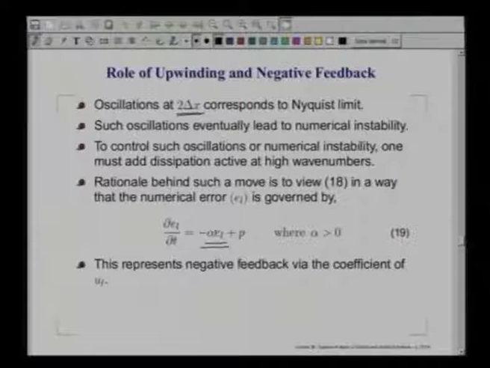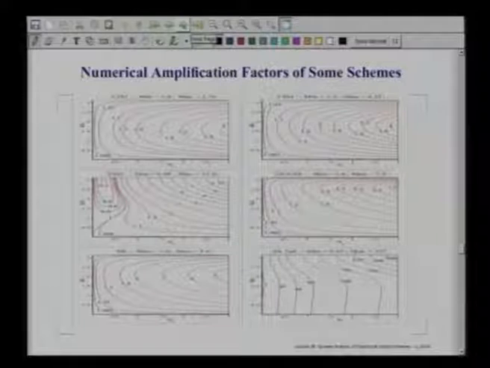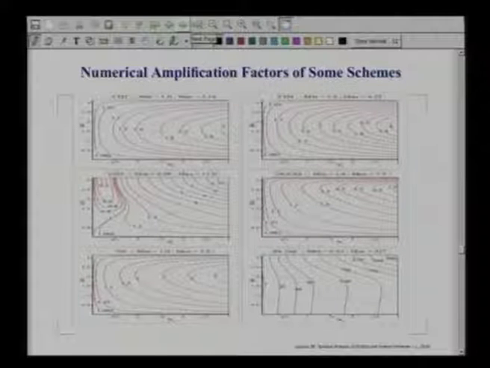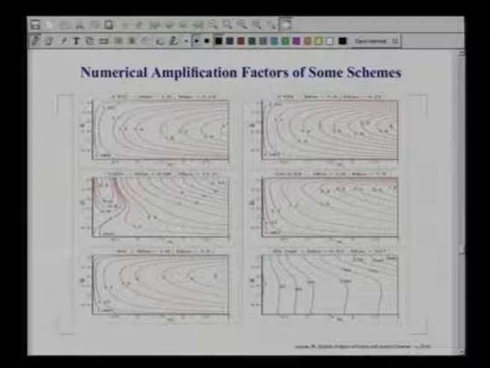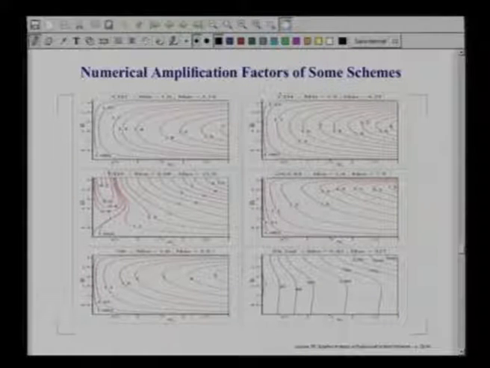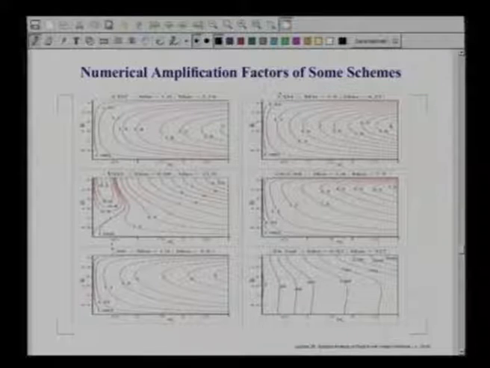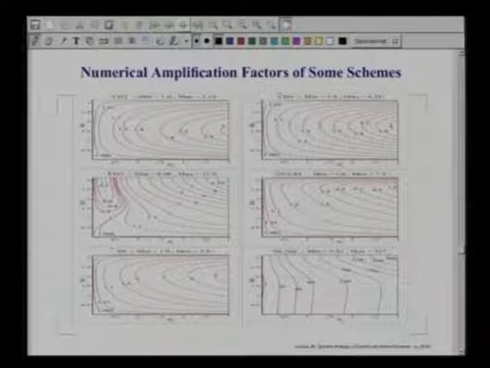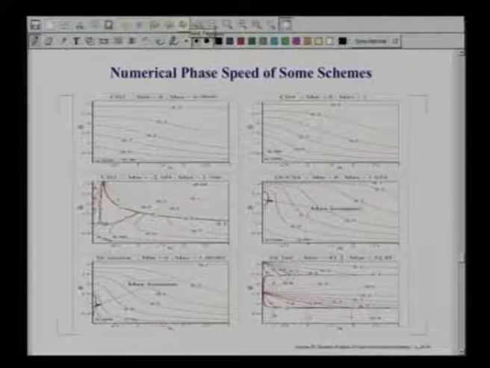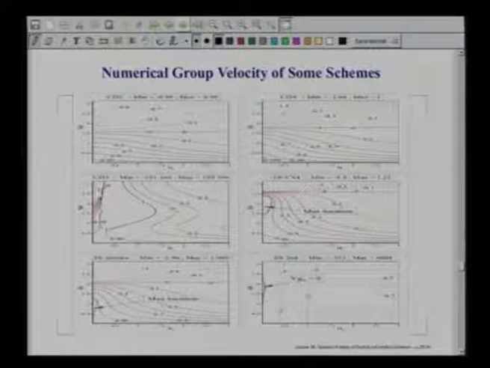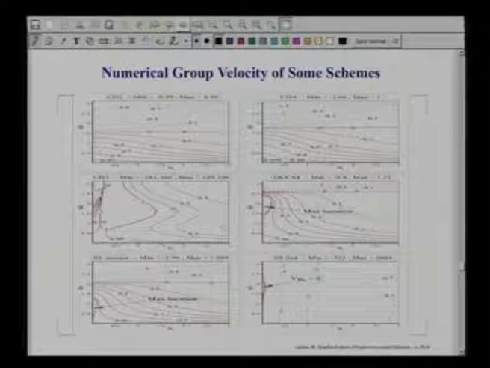Okay. So, you can get some of these plots as shown here, the numerical amplification factor for some of the schemes: CD2, CD4, UD3 and the SS schemes that we have talked about. In the same way we can work out the expression for Cn by C, and the expression for Vgn by C. So, this is your phase speed representation, and here you have the group velocity representation.